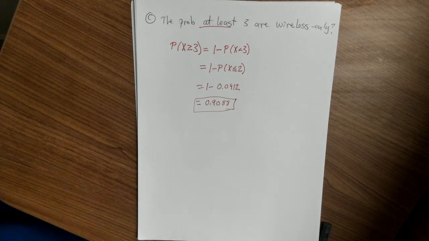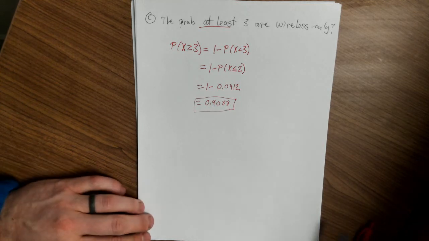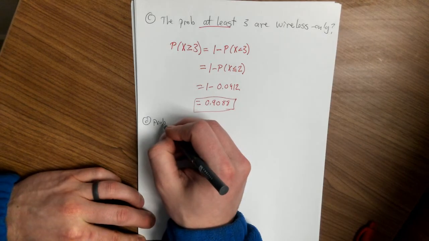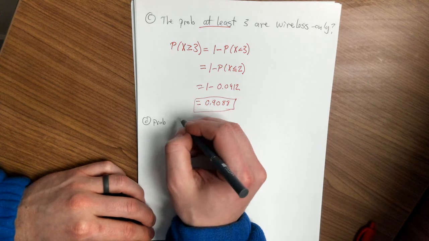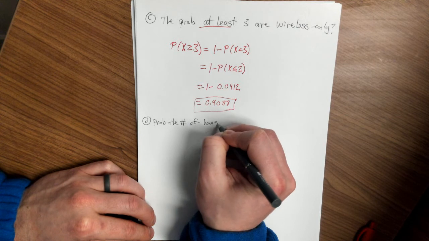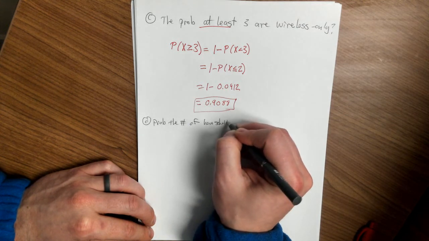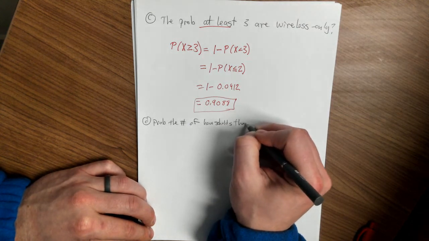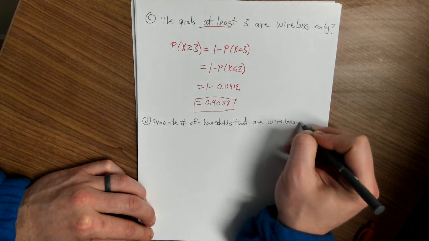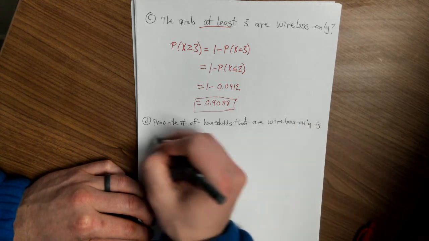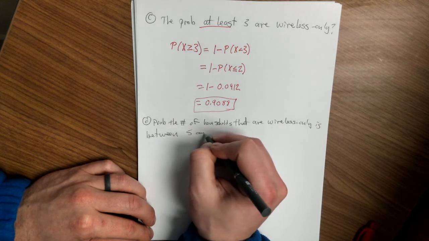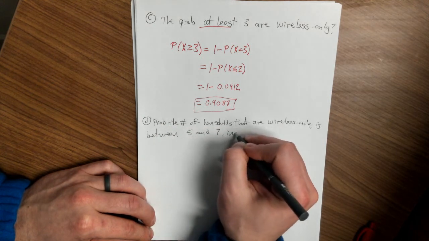So one more here. Part D, the probability the number of households that are wireless only is between 5 and 7 inclusively.